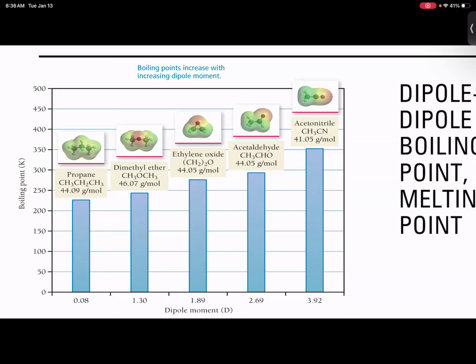Dimethyl ether, ethylene oxide, acetaldehyde, and acetonitrile, you'll notice, have a polar negative end and a polar positive end, a permanent dipole. Because these have permanent dipoles, their boiling points will be higher because they also have dipole forces as well as dispersion forces.